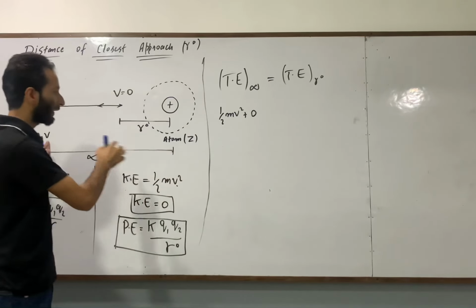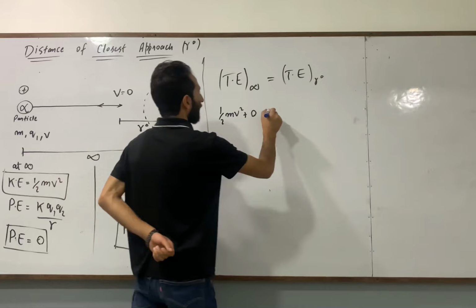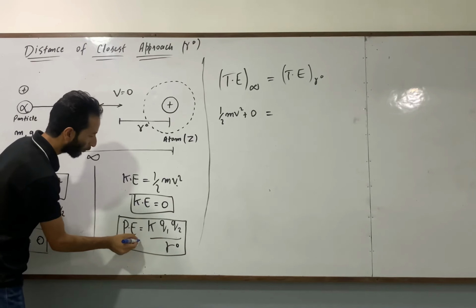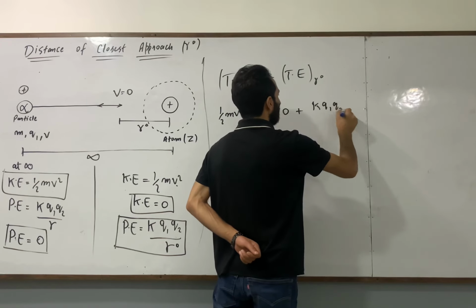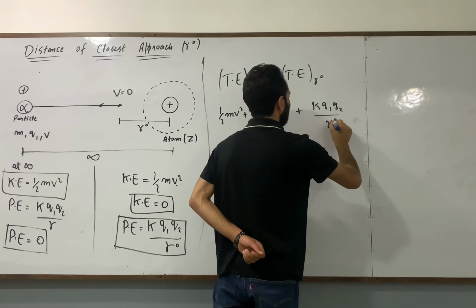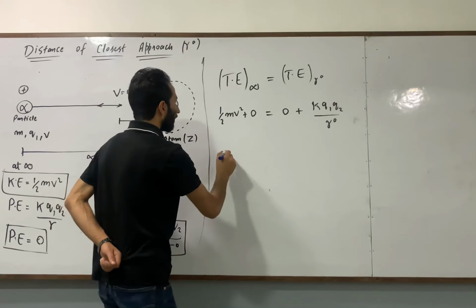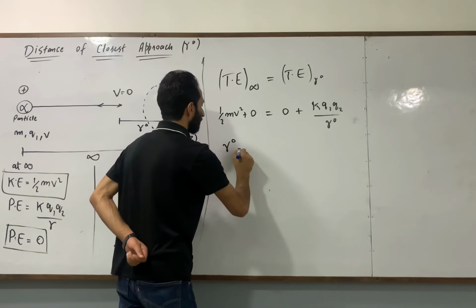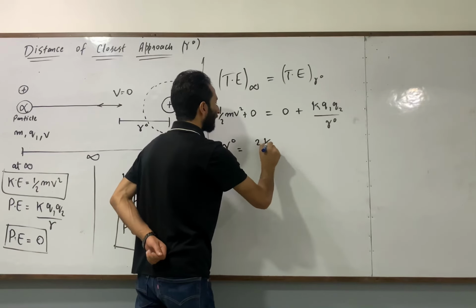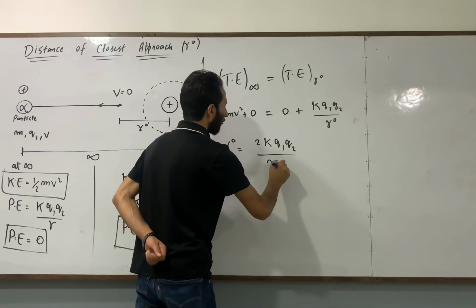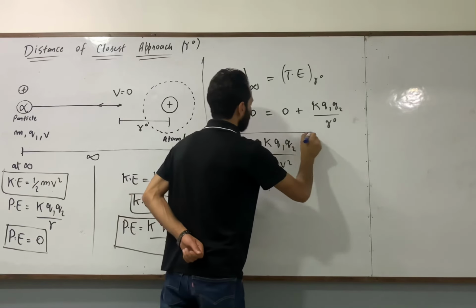Also, the total energy at a distance of r naught is the sum of kinetic energy and potential energy. Kinetic energy is 0 and potential energy is k q1 q2 divided by r naught. From this equation, we can find the expression of r naught, the distance of closest approach, which is equal to twice k q1 q2 divided by mv square.